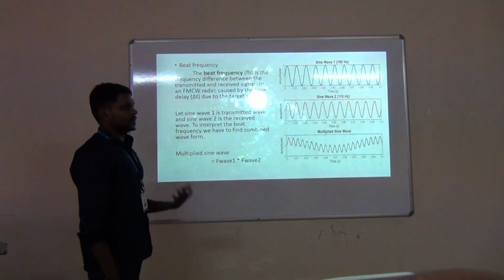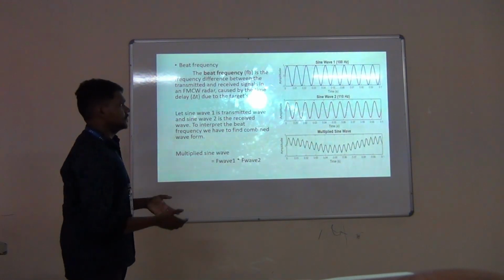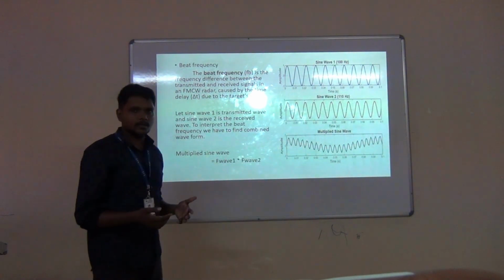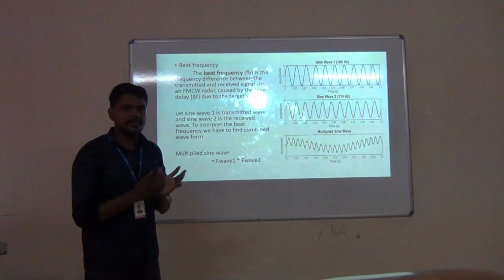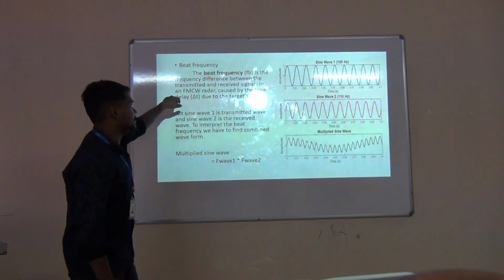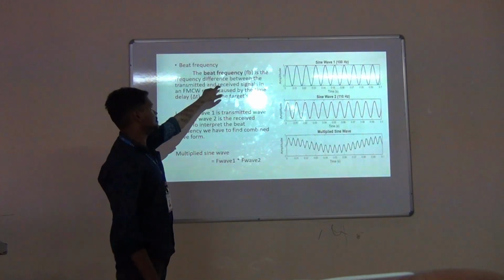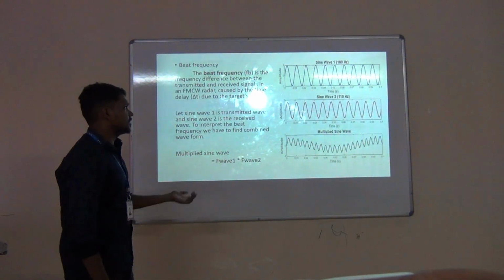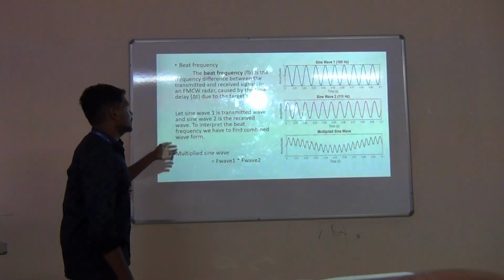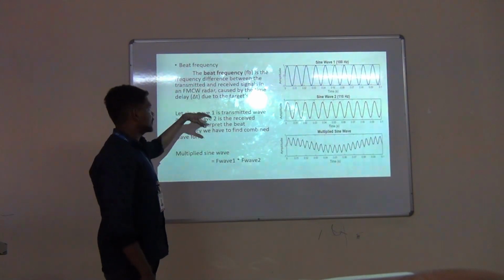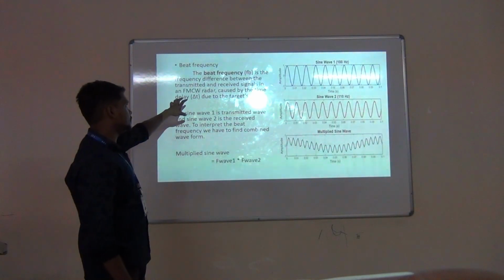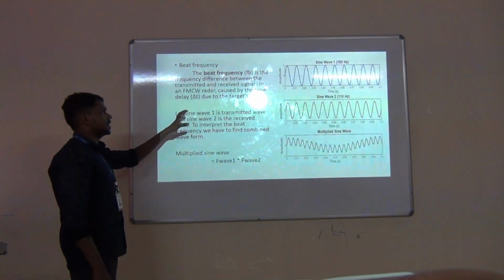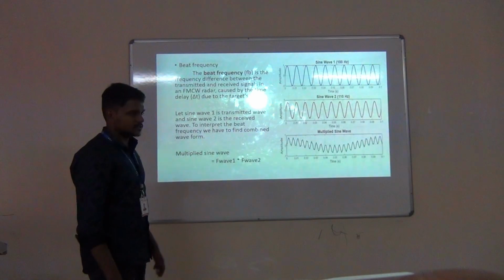So this increase in frequency, or any change, the difference in the frequency, can be defined as beat frequency. That's what I have mentioned here. The beat frequency, FB, is the frequency difference between the transmitted and received signals in FMCW, that is frequency modulated continuous wave radar, caused by the time delay due to the target range.